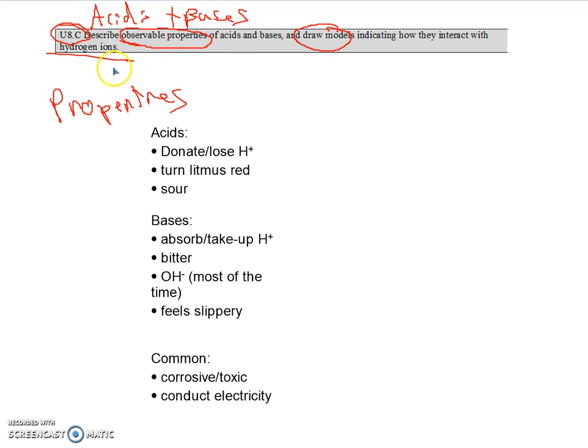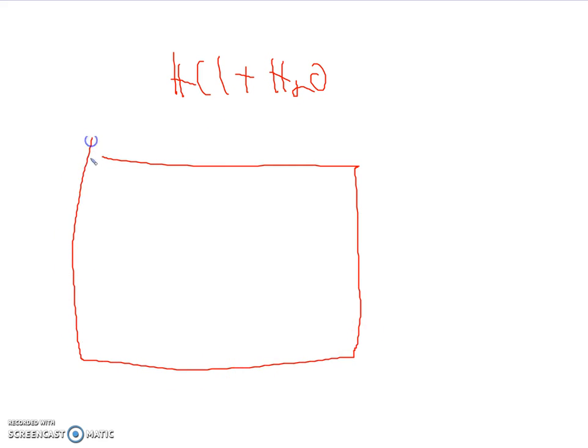Let's do the draw model, because we're going to talk about pH, but it's not going to make a whole lot of sense until we've seen models of it. Okay, so let's draw what an acid would look like. Let's do a simple one like HCl. If you put some HCl in water, HCl is a strong acid, it dissociates completely, so you're just going to have H pluses and what's left over, Cl minus.